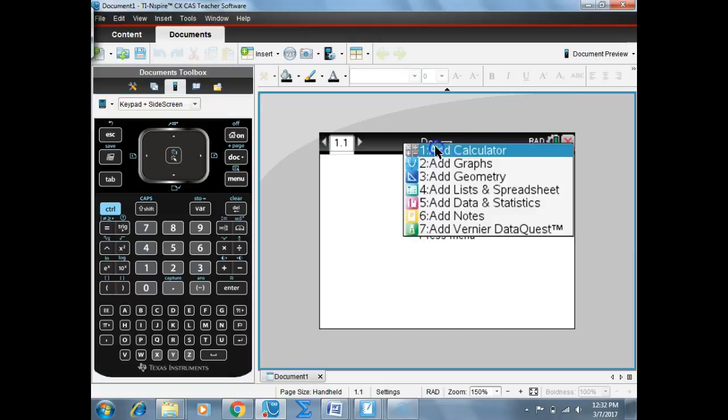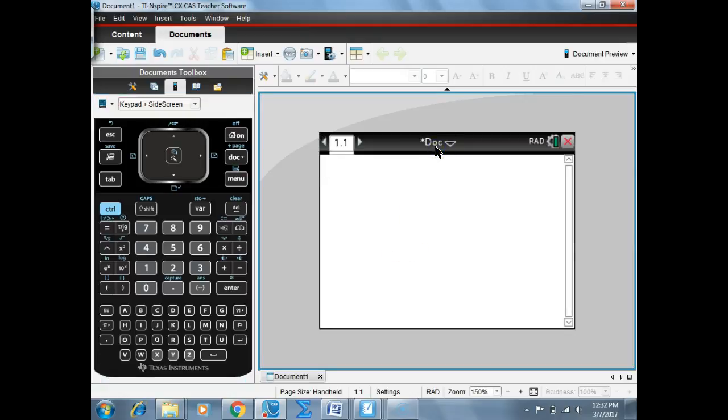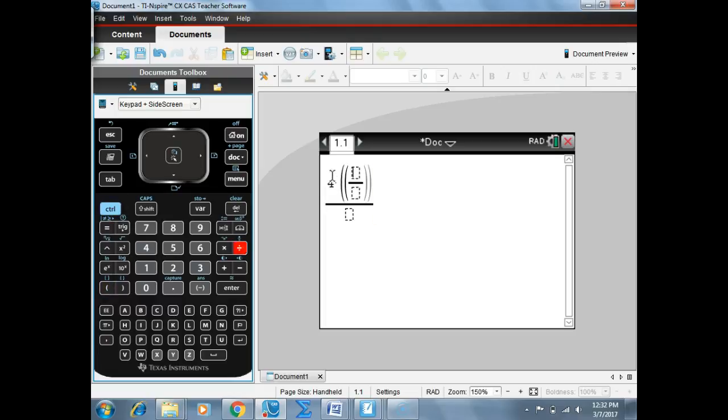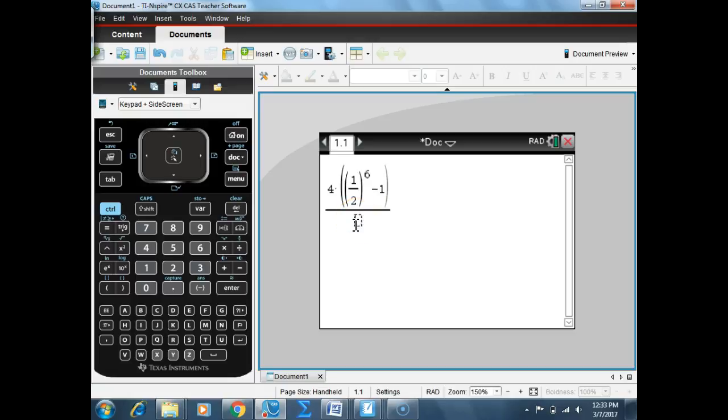On a TI Inspire calculator, you can type it in as is. You can go 4 times, open parentheses, 1/2 to the 6th power minus 1 all over 1/2 minus 1.